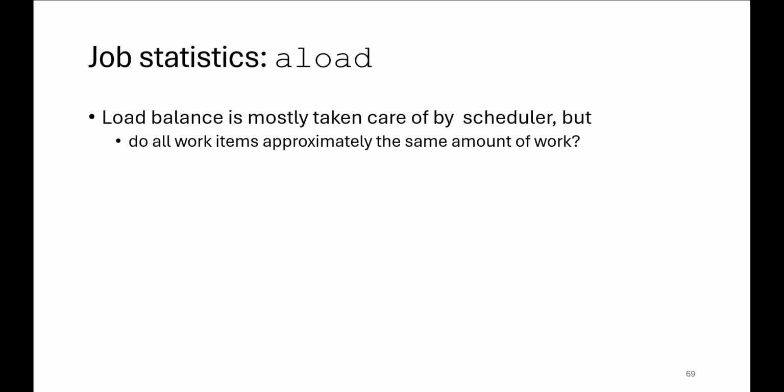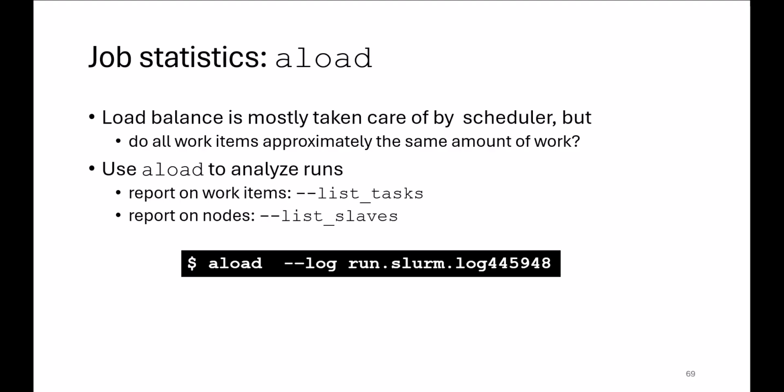Sometimes we require some job statistics. So load balance is mostly taken care of by the scheduler, but questions which you may want to answer are: did all tasks take approximately the same amount of computation, or are there some tasks which take longer than others? So that is something that aload can help you with. So basically, you can analyze runs from multiple perspectives.